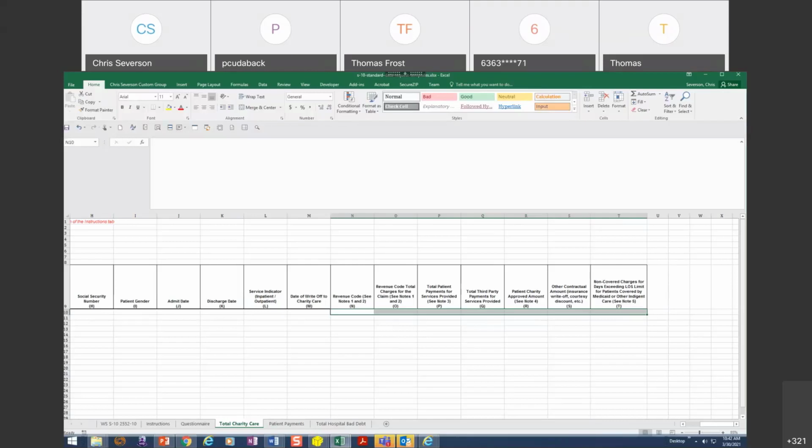Now, if it's a Medicare patient, then the point I was trying to make in the last webinar is that maybe in the next year, this thing's going to be written off for Medicare. You obviously can't write it off again on line 26, but it would be written off for Medicare.